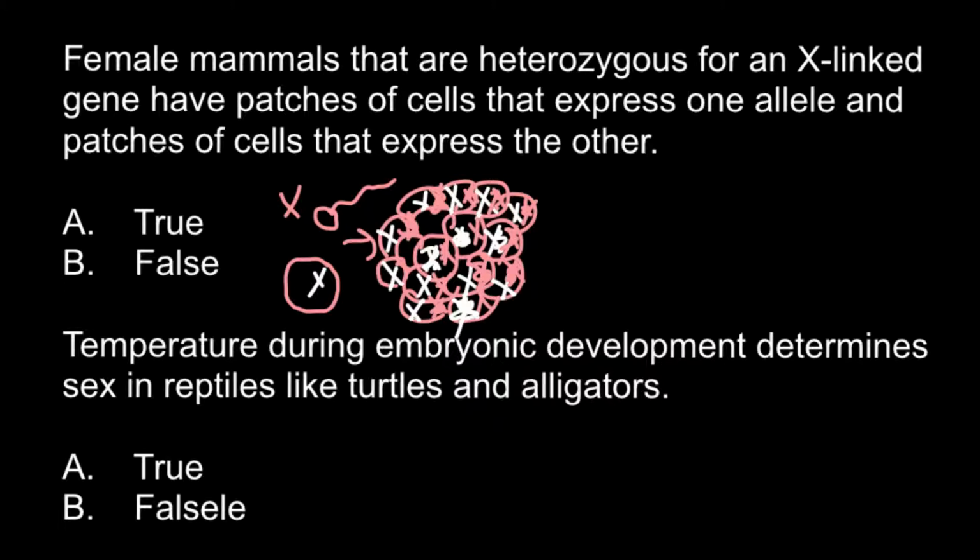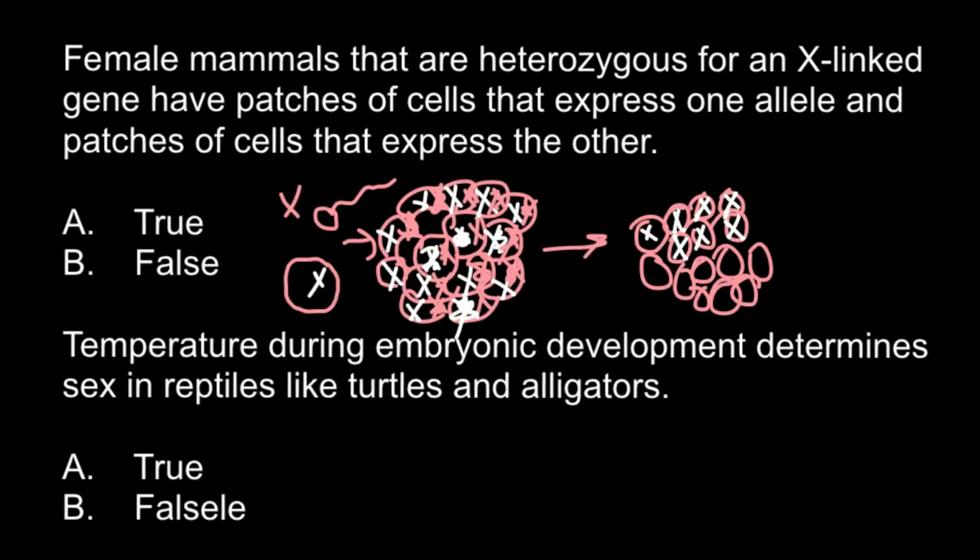So that leads that when this zygote would develop and become a fetus, we are going to get cell lineages. In some of them would be only maternal X chromosome active, and in other lineages paternal X chromosome would be active, and the other would be inactivated.